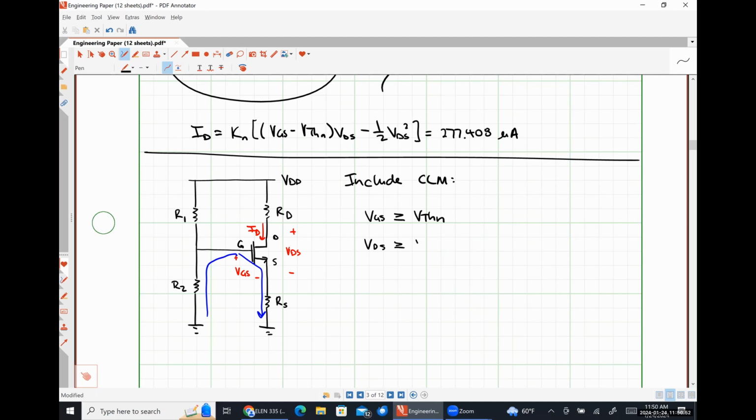VDS must be greater than or equal to VGS minus VTH. And our drain current will be 1/2 Kn times VGS minus VTHN squared times 1 plus lambda VDS. So inherently, VGS and VDS are always going to be effectively tied to each other, so we're going to wind up with a system.